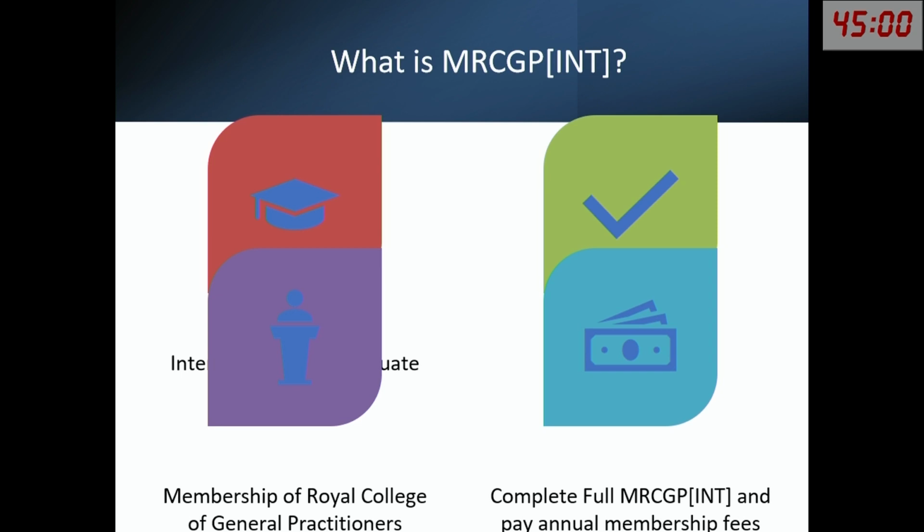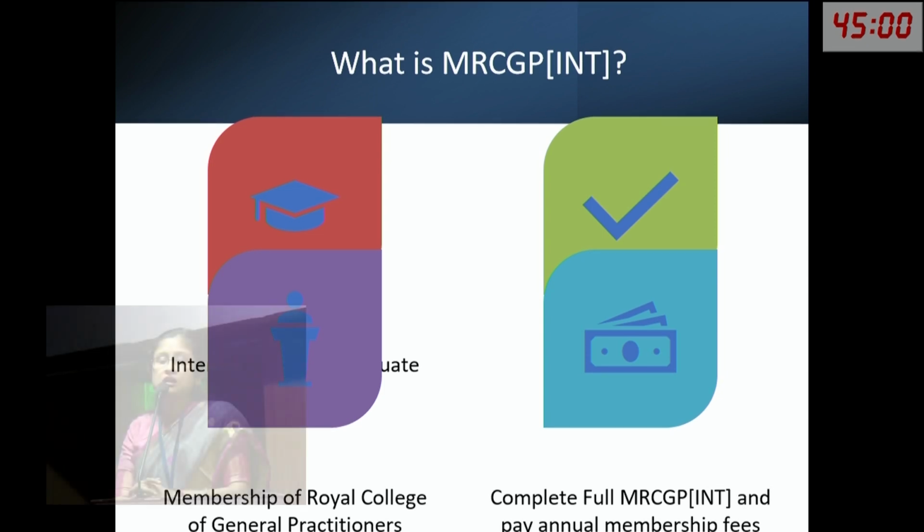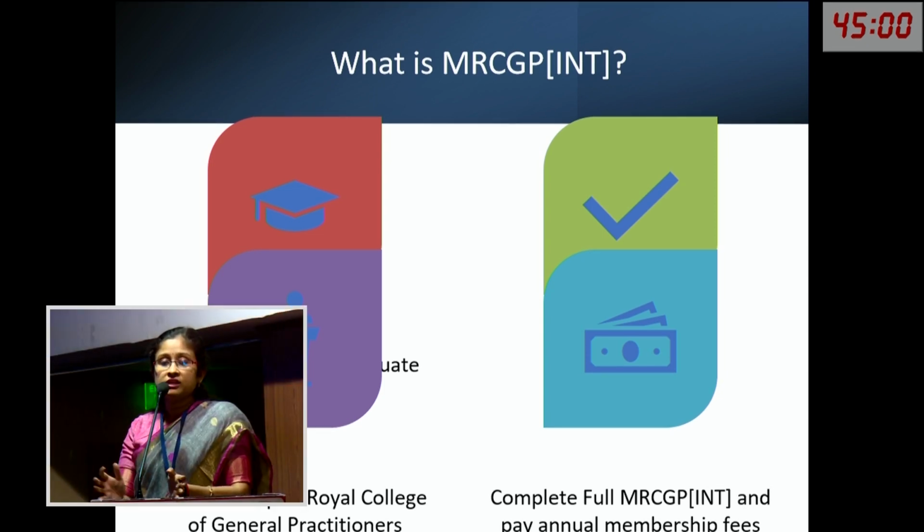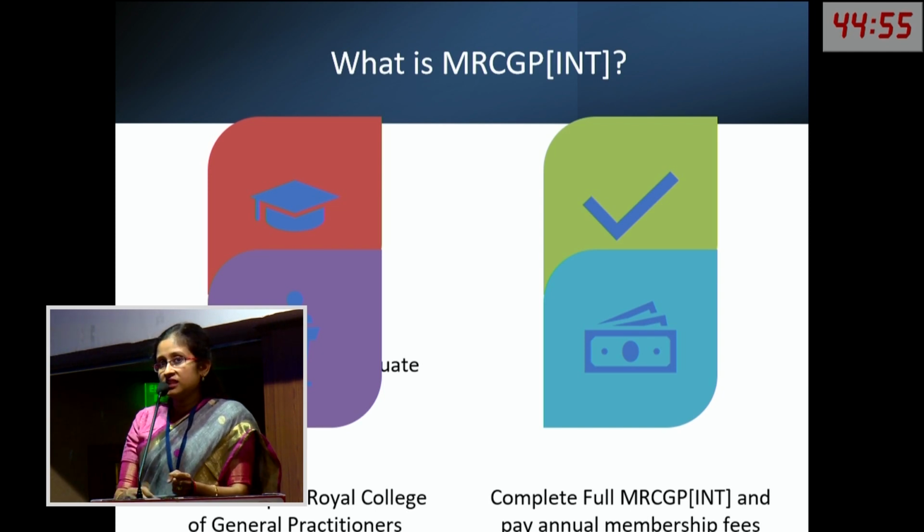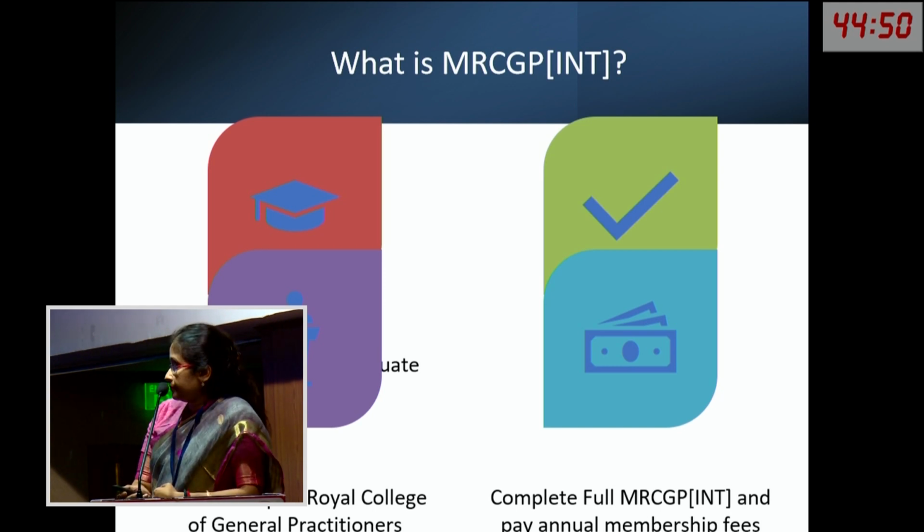It is again a branch of MRCGP UK. So this is the international or the South Asia branch of the Royal College, which conducts exit exams, and it has two components: one is the applied knowledge test, or the AKT, and the second one is the OSCE component, and we'll see how it varies, and we'll take you through some questions and role plays again.